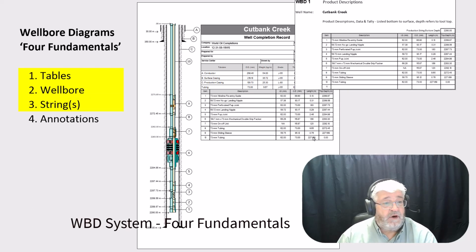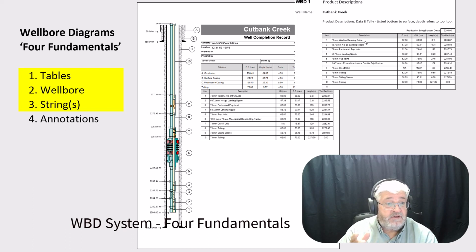Number 3, the strings. Again, this is a repeat of the other, the Wellbore. We just copied the Cutbank Creek product description table. And in this table, we had done the tally, and putting the tools in, listing them from the bottom to the top.